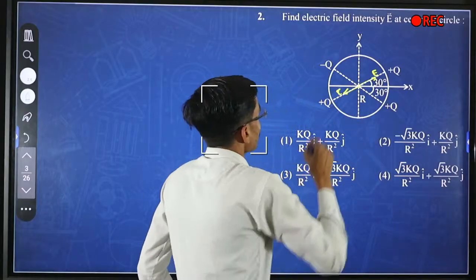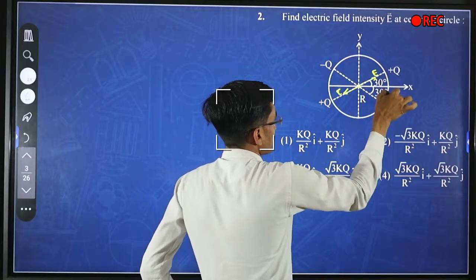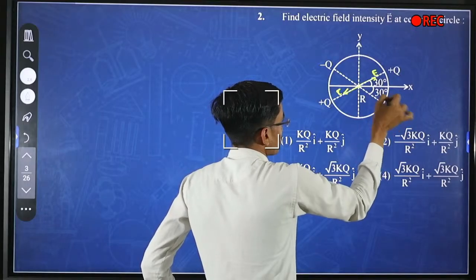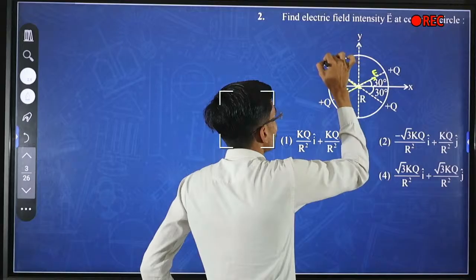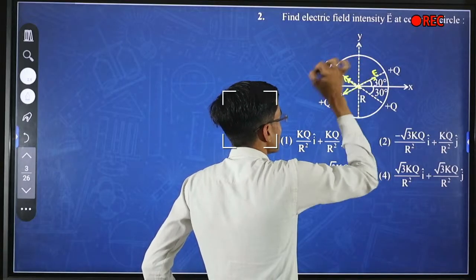Now here is the minus q charge and here is the plus q charge. The electric field due to the plus q charge will be in this direction, and for the minus q charge the electric field will be in this direction.